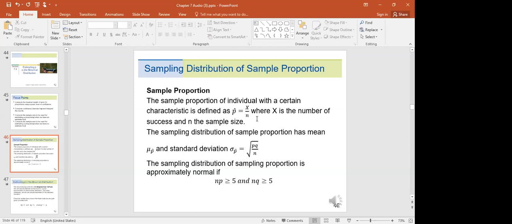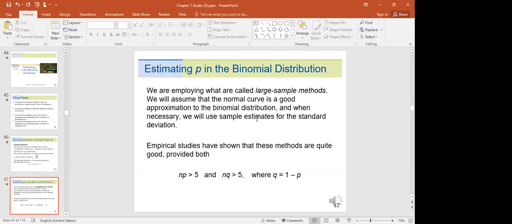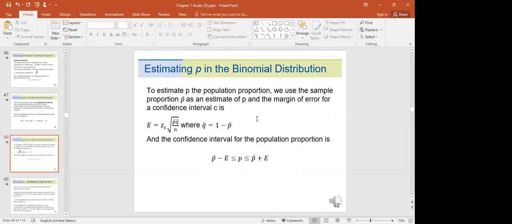Once we have that, we can compute the margin of error using zc from the Z distribution, zc times square root of pq over n. As we have the margin of error, we subtract it from the sample proportion, and then we add it to the sample proportion to have the confidence interval for the population proportion.